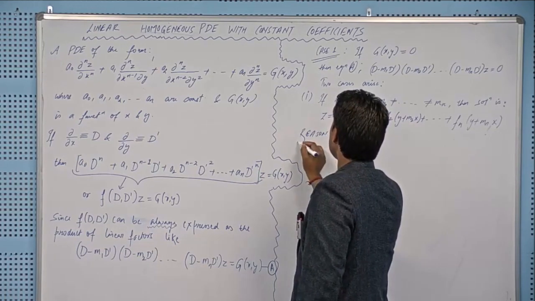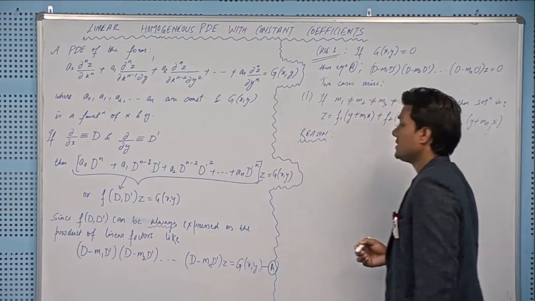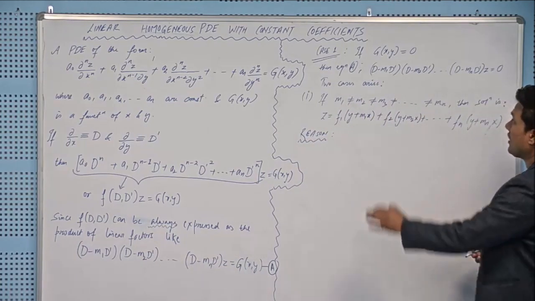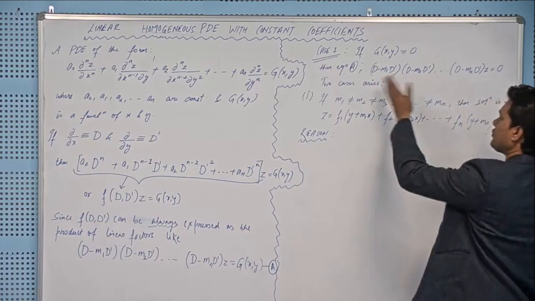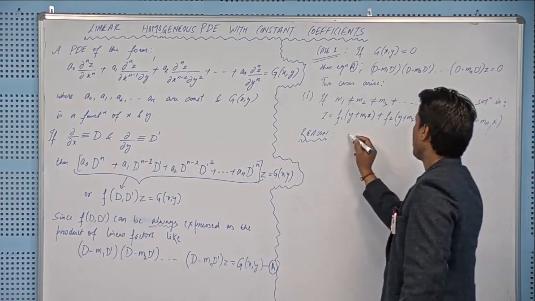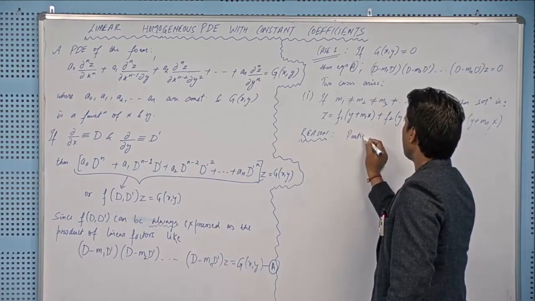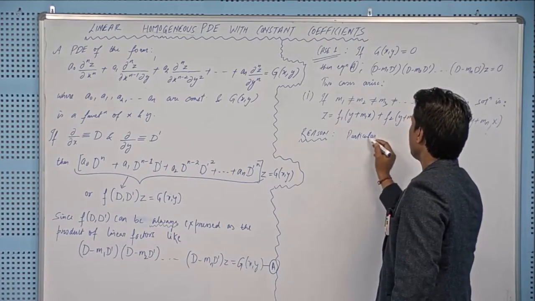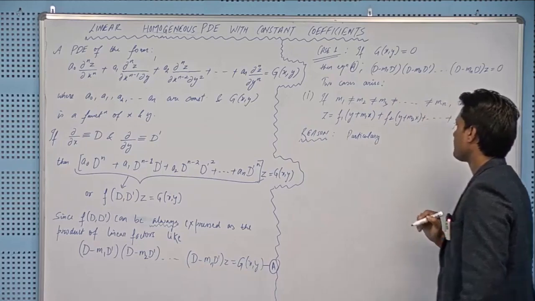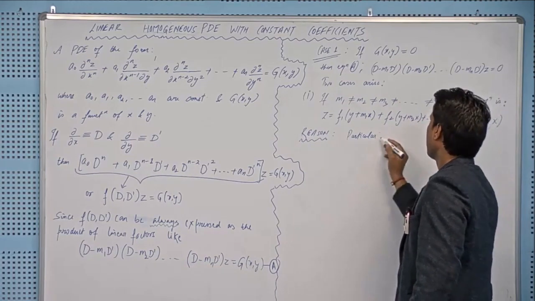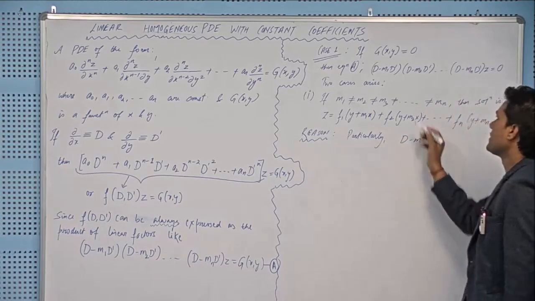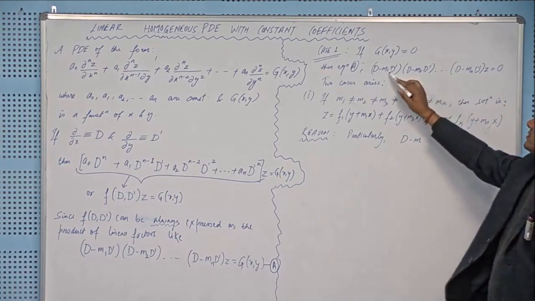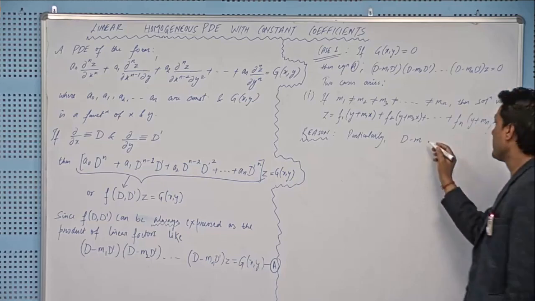And the reason comes from the Lagrange's PDE, means taking one factor at a time. Suppose I take this factor, or in general, I should write D minus mD dash. Particularly, I am writing for only one factor. I am writing m1, m2 in place of these suffixes, I am just writing m.